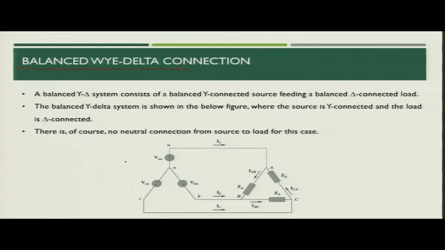In this way the star source is feeding power to the delta connected load. In this arrangement we do not have a neutral connection between the source and the load.